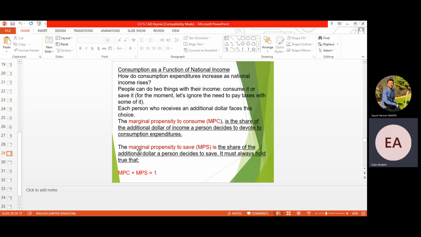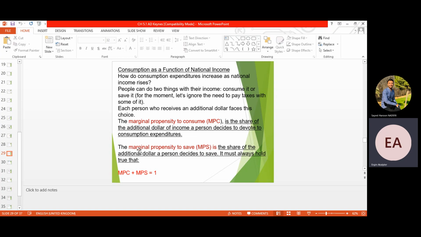Then each person who receives an additional dollar faces this choice. The marginal propensity to consume is the share of the additional dollar of income a person decides to devote to consumption expenditure. Think about it: you have $1, and with this $1 you may devote 80% to consumption, purchasing some goods and services, and 20% will be used for saving or investment.